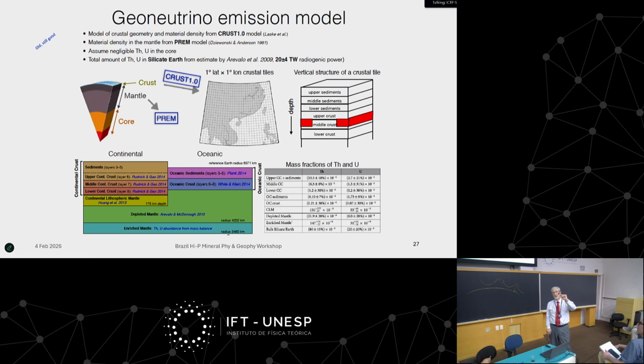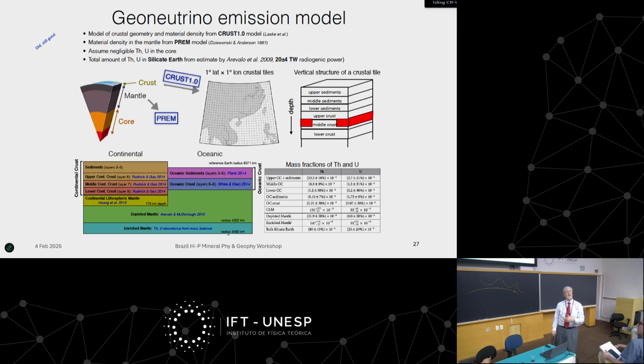In the top of the Earth, it's about 3 kilometers down to the Moho, and then it jumps to about 50 kilometers for lithospheric mantle. Then it jumps to big numbers when we're talking about the depleted mantle and the enriched mantle.